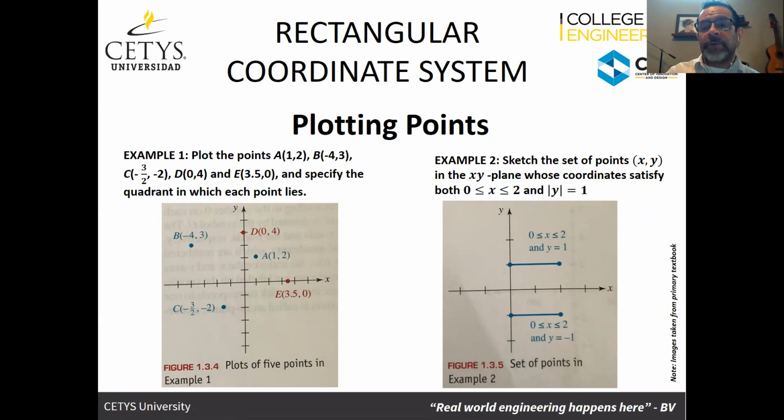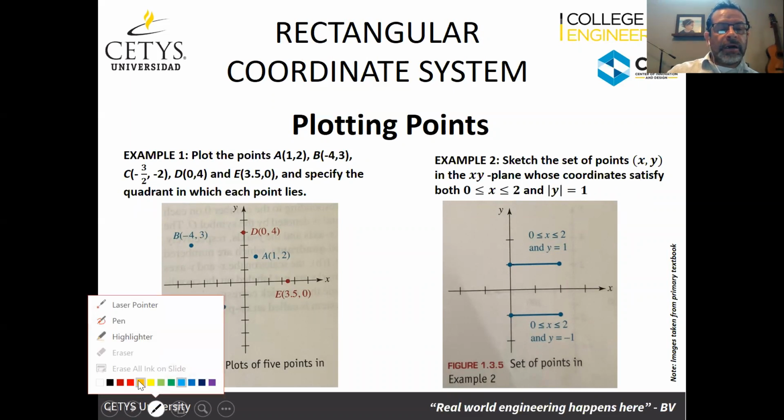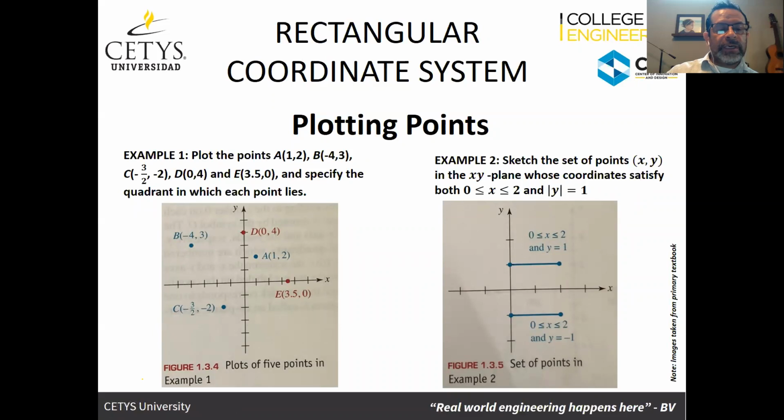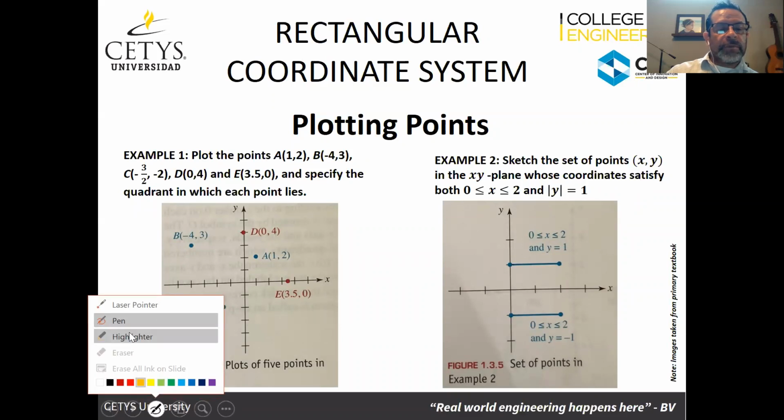Now, for example number 2, it says sketch the set of points in the XY plane whose coordinates satisfy both 0 less than x less than 2 and the absolute value of y equals 1. First, the range of values from 0 to 2 in the x plane, I'm going to mark these with a highlighter.